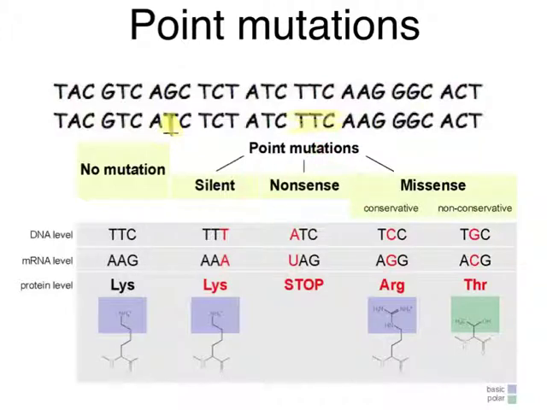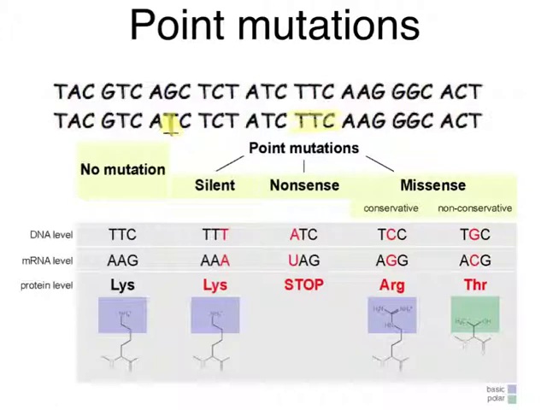All right, the next one, a nonsense codon. So if the first T of this particular sequence, TTC, is turned into an A as our point mutation, that creates the mRNA codon UAG, which is a stop codon. That is called a nonsense mutation.